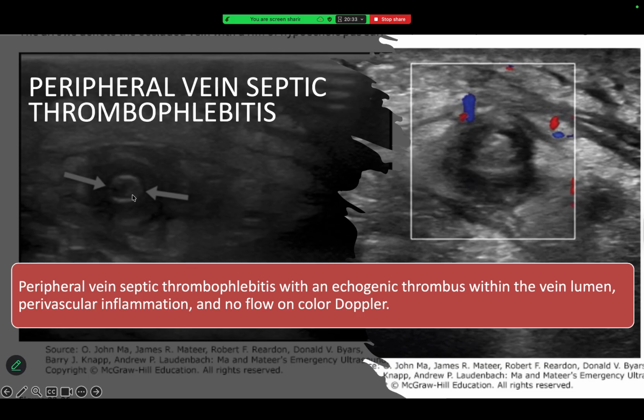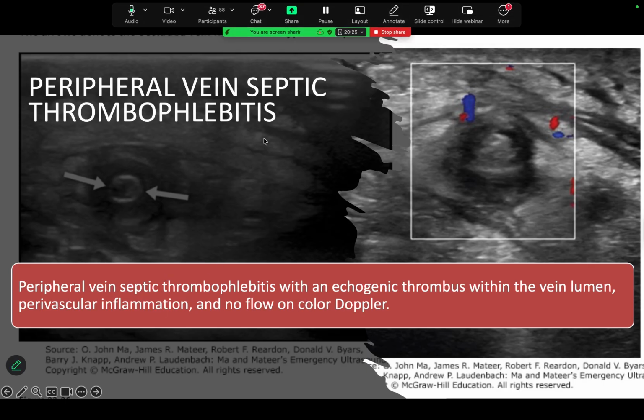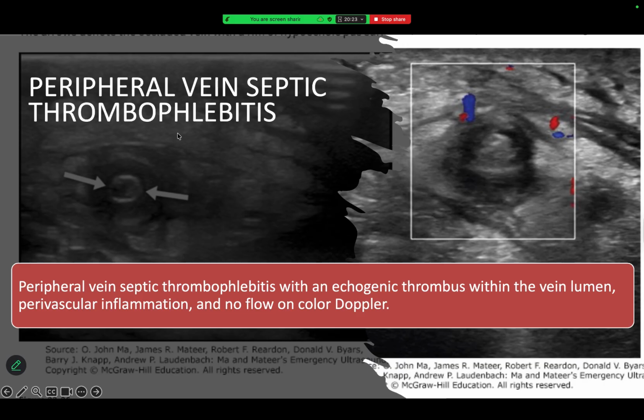There is an echogenic lesion inside the vein lumen, some perivascular inflammation, and no flow on color Doppler. So when you are doing the ultrasound, you need to check the peripheral veins also, in cases where thrombophlebitis is suspected.